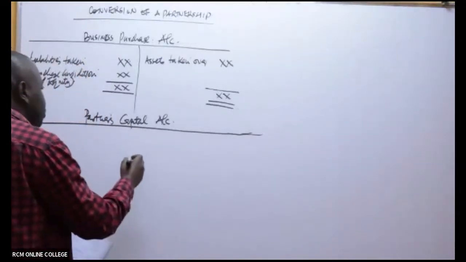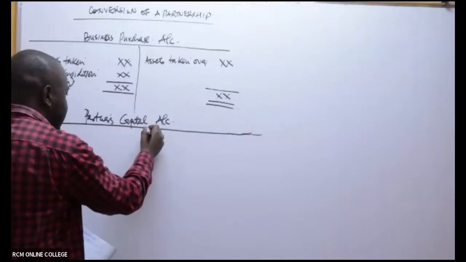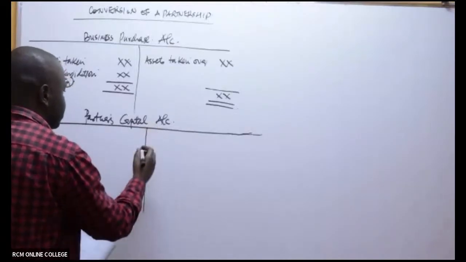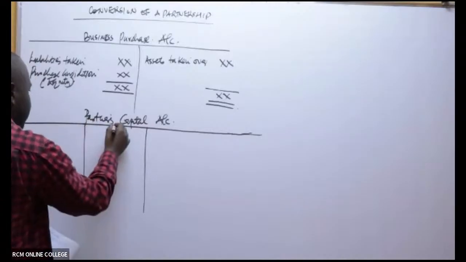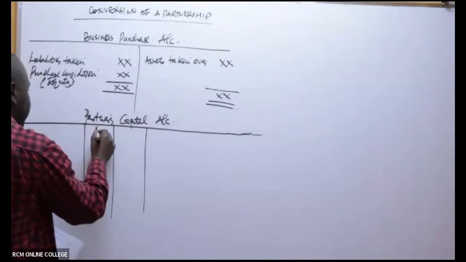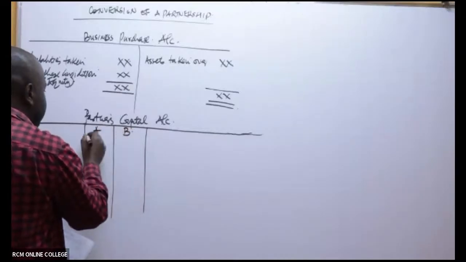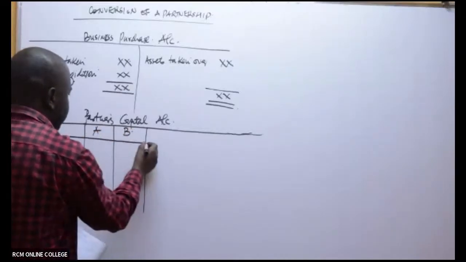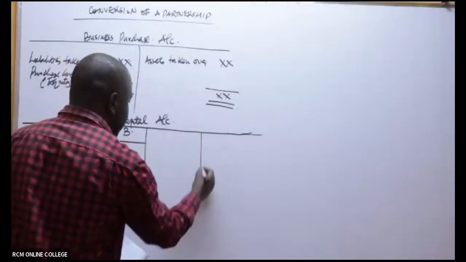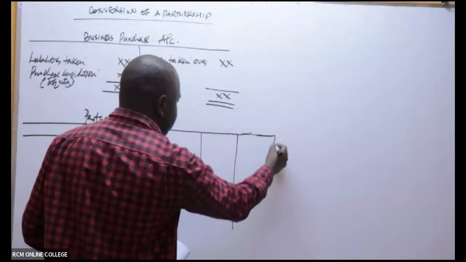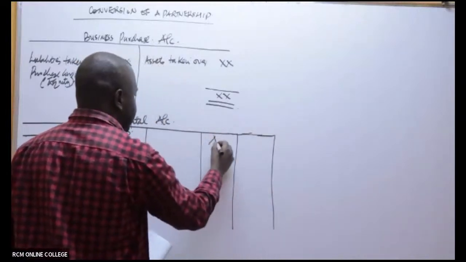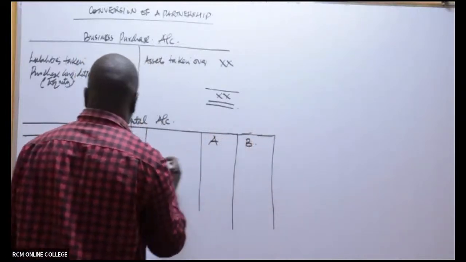There will be a number of partners in that business. So in this case, we can have two partners, maybe partner A and partner B, who have been in that business.